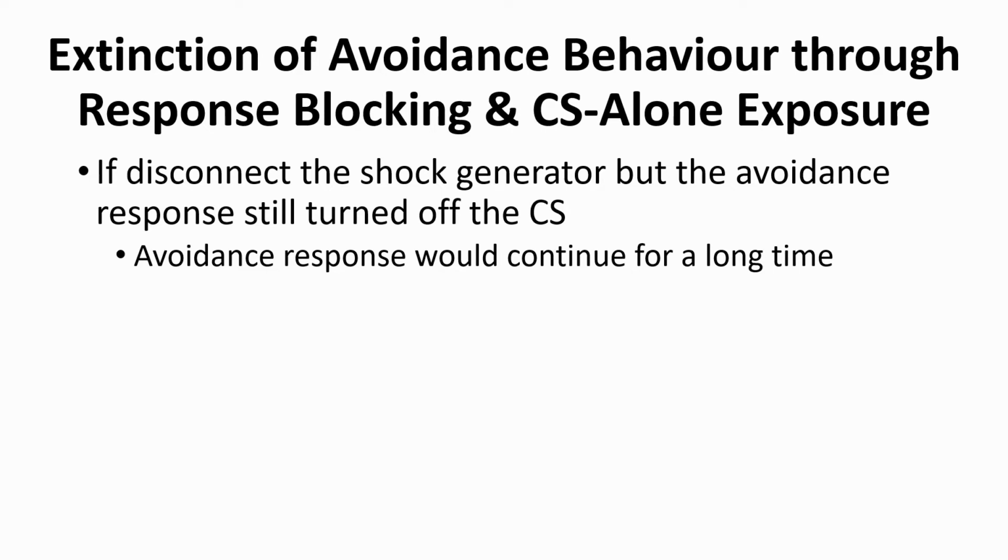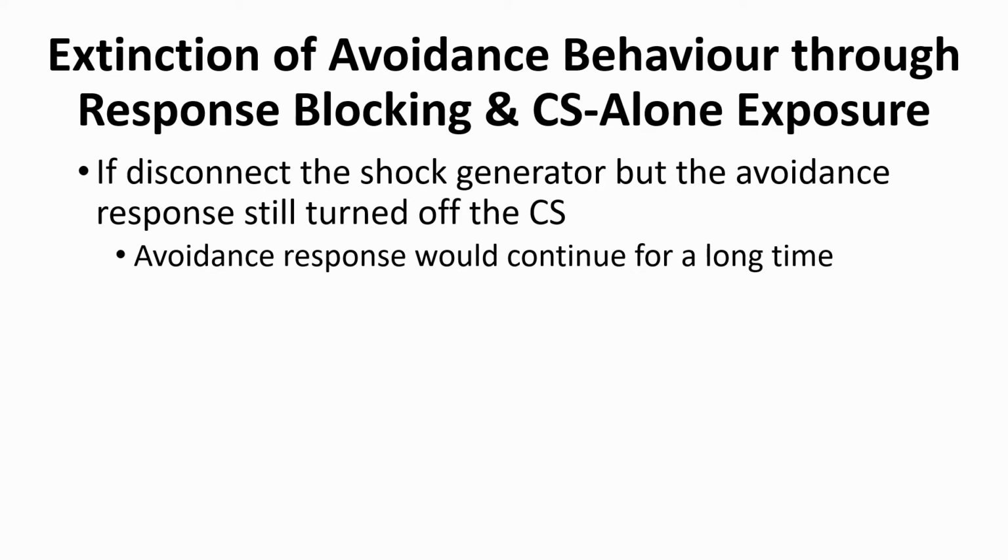Now, if we make some real-world connections here, this could be applied to, say, clinical settings. So if somebody has developed a fear of something, and that fear is being maintained by avoiding situations in which they might encounter that fear, then we're seeing something kind of like this, where their behavior of avoiding that situation is kind of like turning off that conditioned stimulus by leaving.